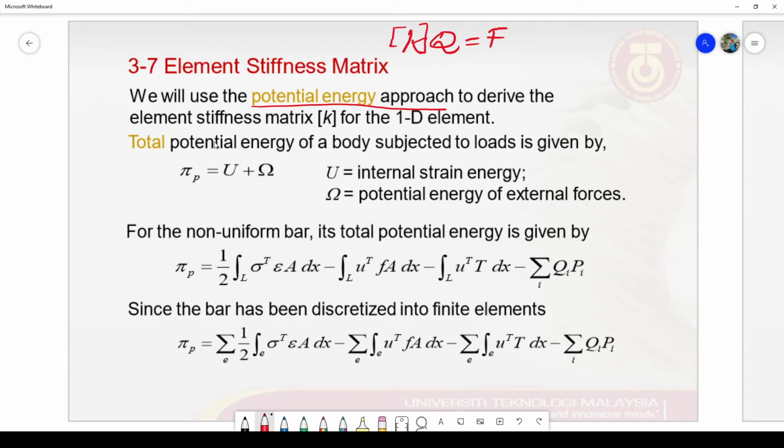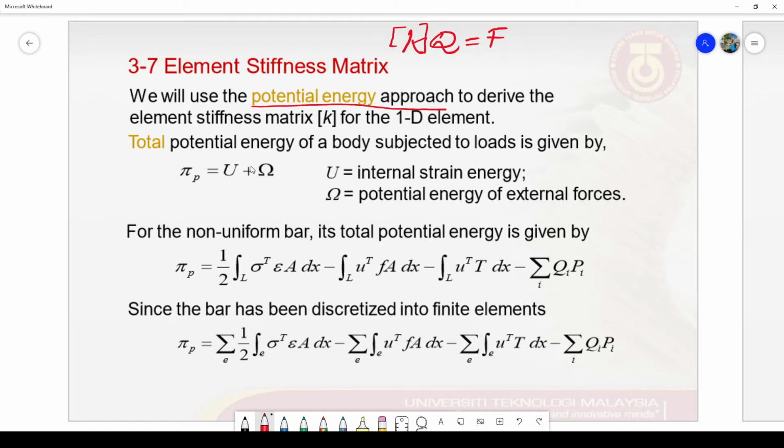The total potential energy of a body subject to loads is given by pi equal to U plus omega, where U refers to the internal strain energy, and omega refers to the potential energy of external forces.